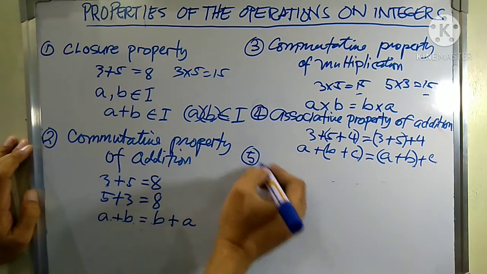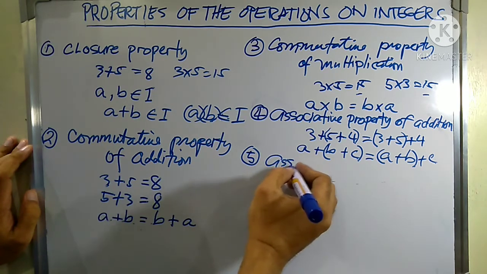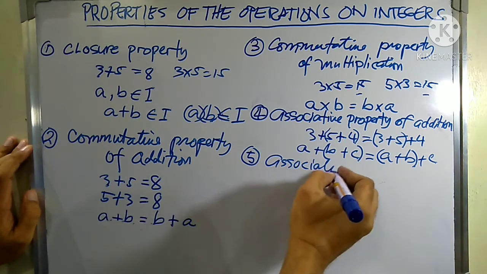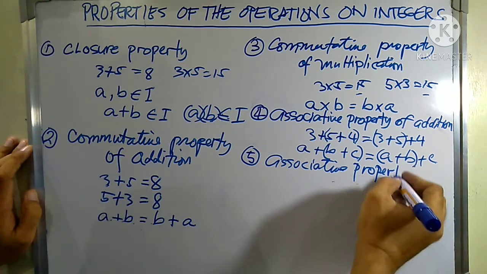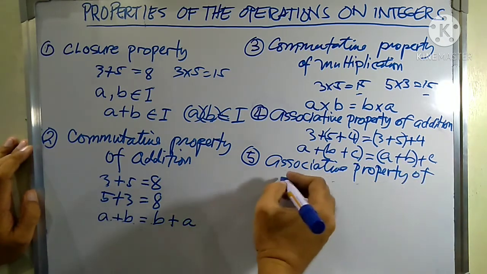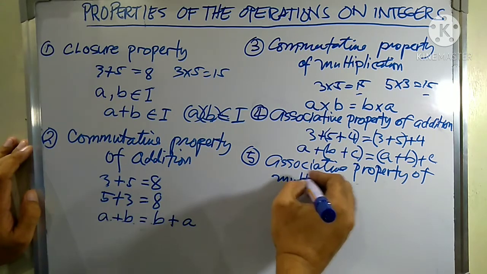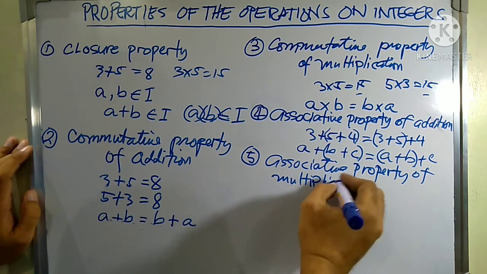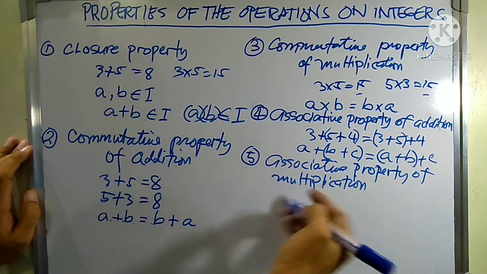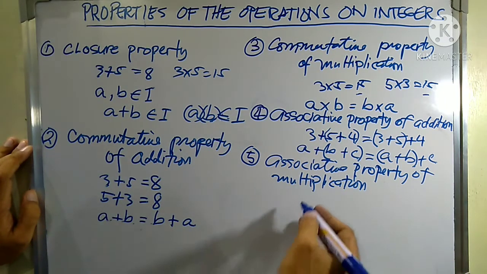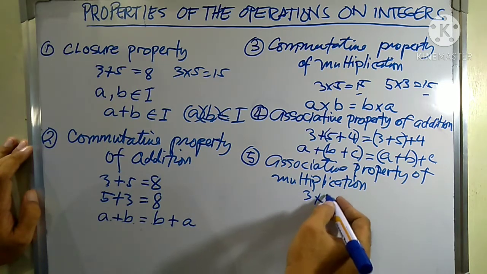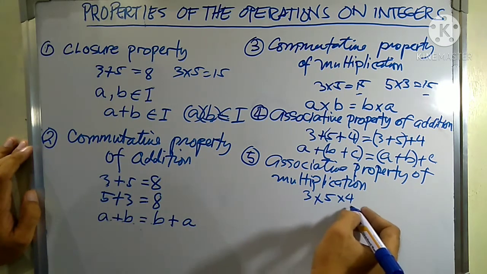Number 5, we have associative property of multiplication. So for example, 3 times 5 times 4.